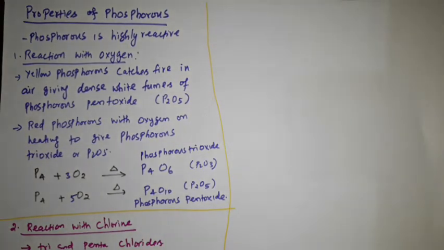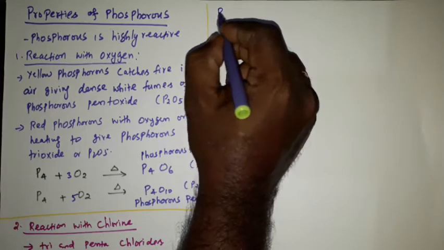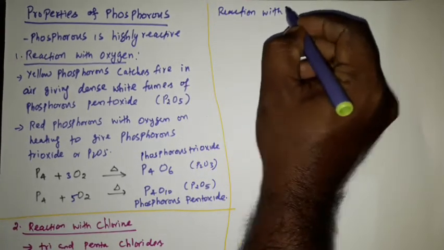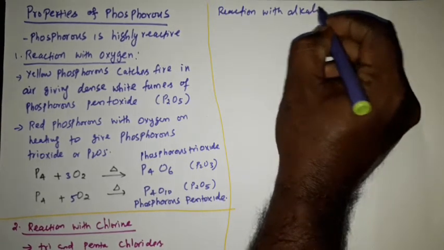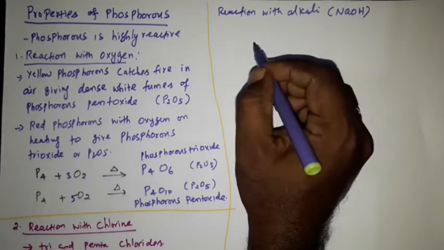Next reaction is reaction with alkali. Alkali, normally we are taking NaOH, that is sodium hydroxide.